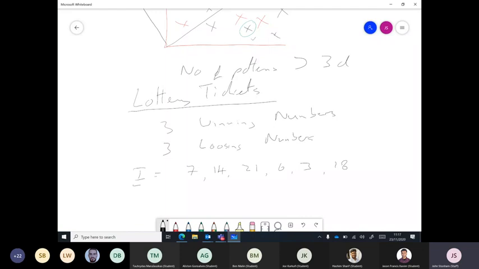A 6-element vector, a point in 6-dimensional space. A 6-dimensional problem, 6 training patterns. You will find a solution. A solution will separate the winning numbers from the losing numbers. Call that the plus class and that the minus class.